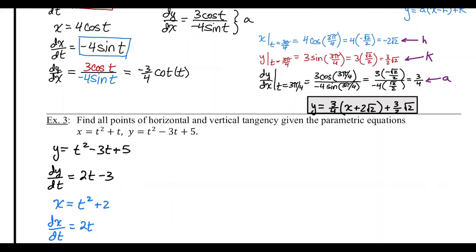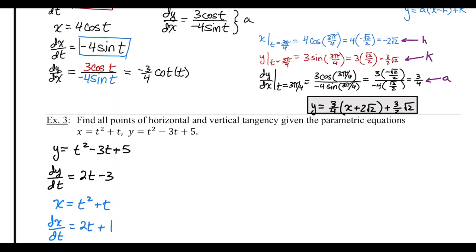Is x equal to t squared plus t or t squared plus 2? T squared plus t, which gives us 2t plus 1. All right. Thank you. I got it.